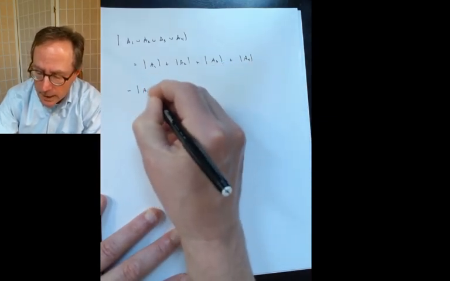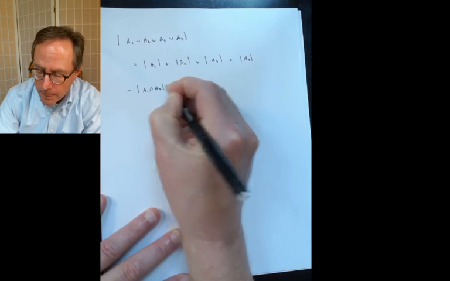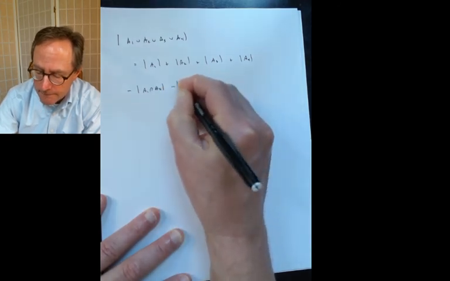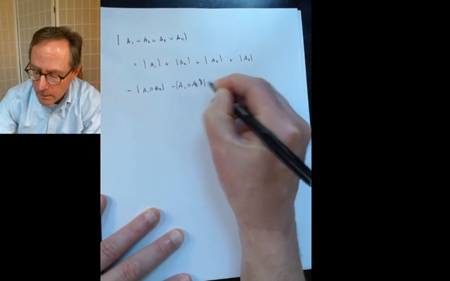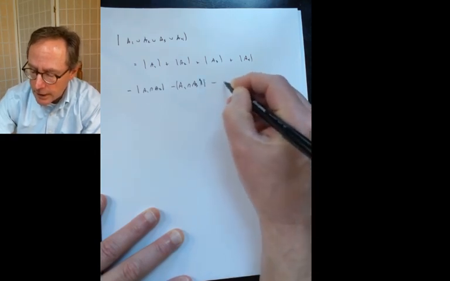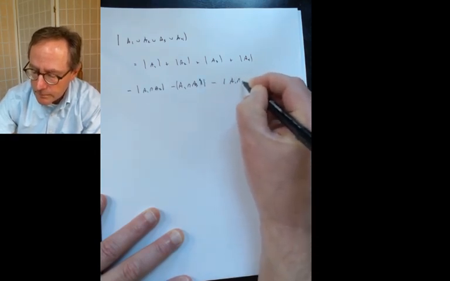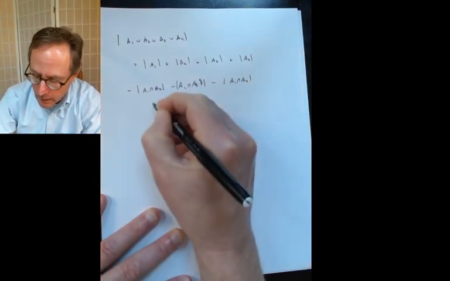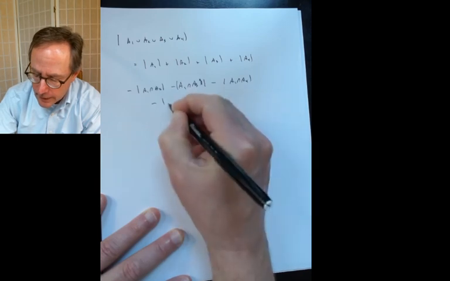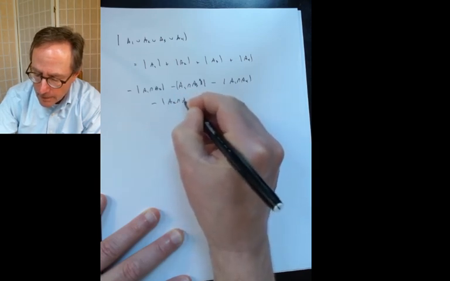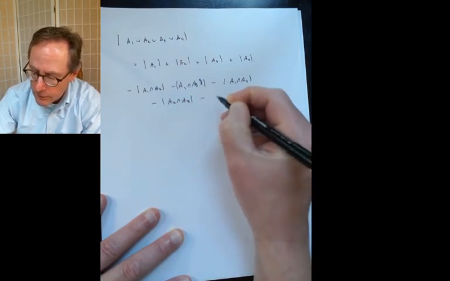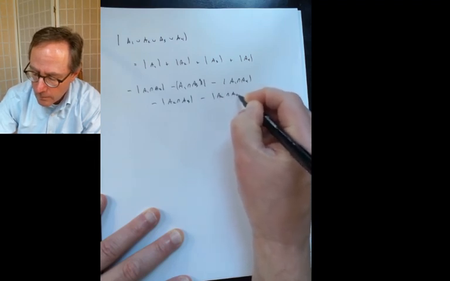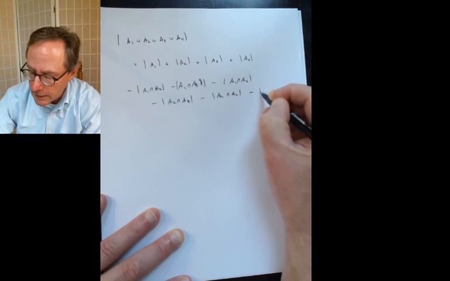So let's see, A1 intersect A2, A1 intersect A3, A1 intersect A4. That's all the A1s. And then A2 intersect A3, A2 intersect A4, and finally A3 intersect A4.